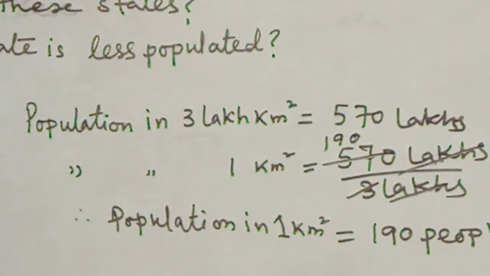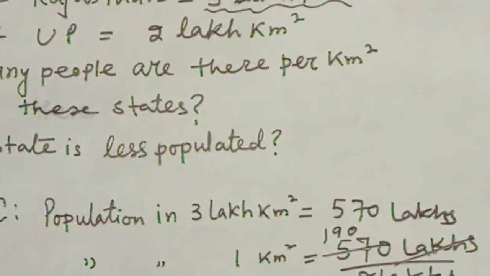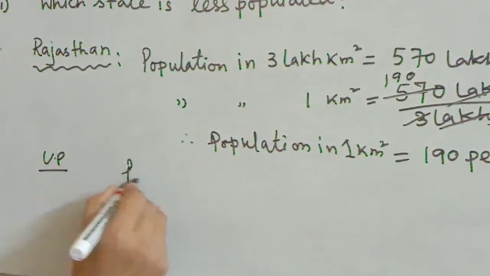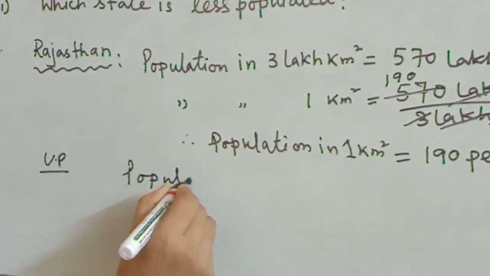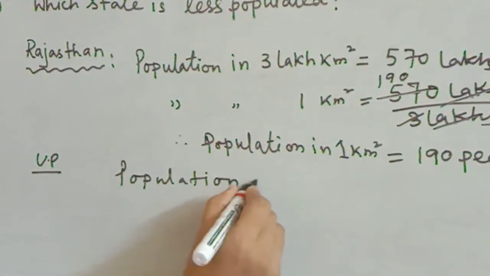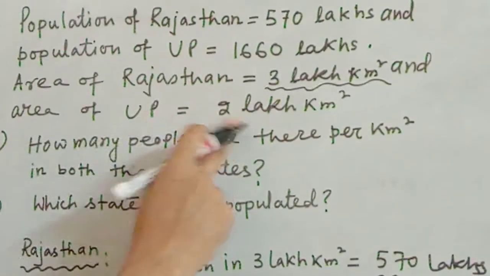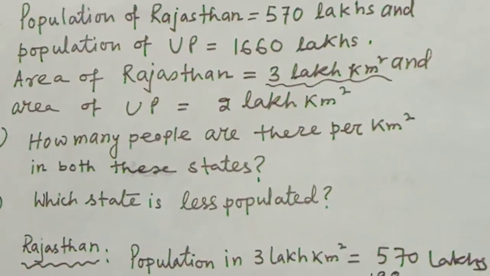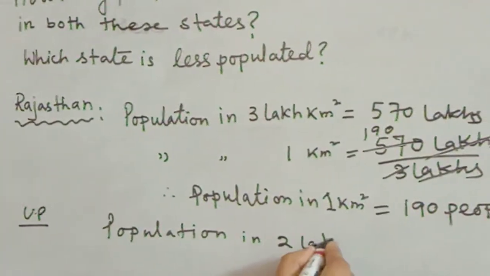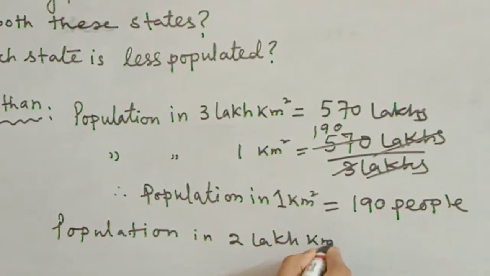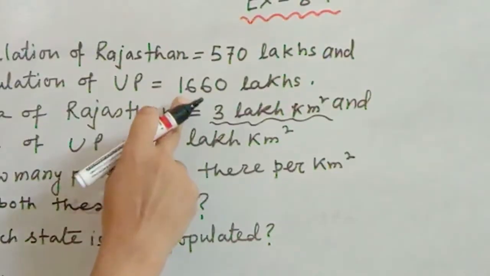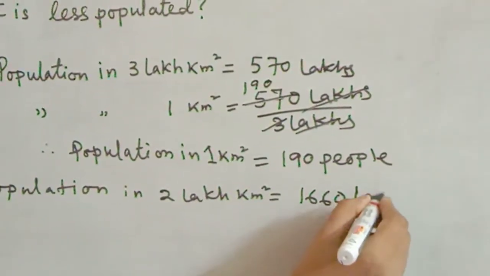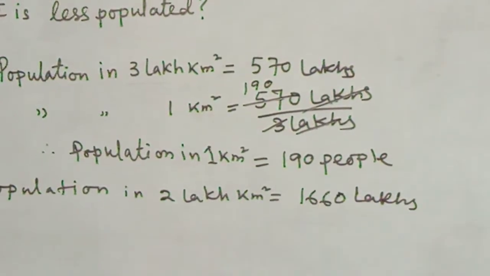Similarly, the same way you have to find the population per kilometer square in Uttar Pradesh. The area of Uttar Pradesh is 2 lakh kilometer square. Population in 2 lakh kilometer square is 1660 lakh.